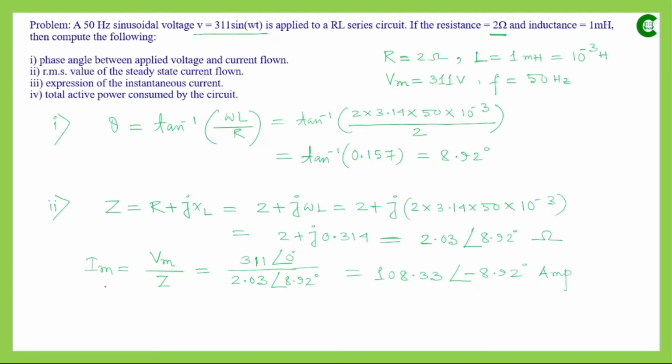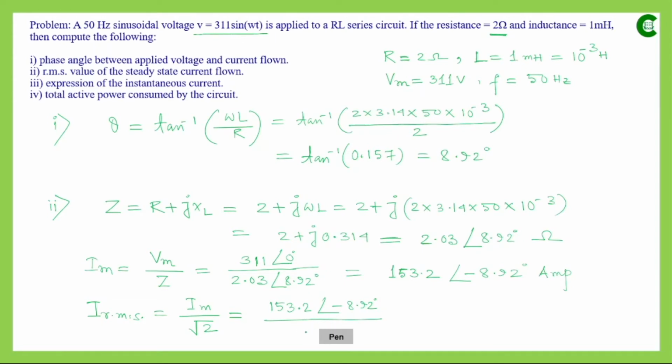So this is the peak value of the current, and what we wanted to find is the RMS value of the steady state current that flows through that RL circuit. We know that the RMS value of current or voltage is the peak value divided by root 2. So here it will be Im divided by root 2. The peak value we have already found, and that is 153.2, and angle wise it is minus 8.92 degree, and that will be divided by root 2, which we approximate as 1.414.